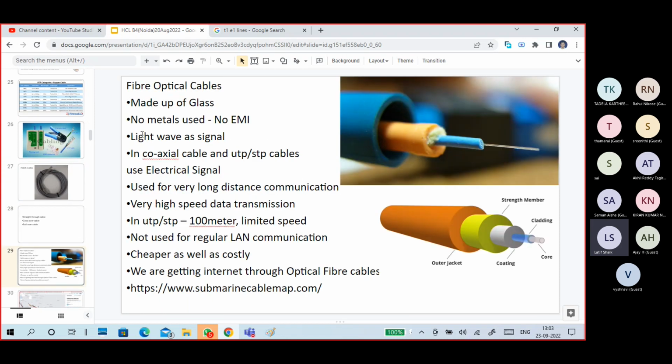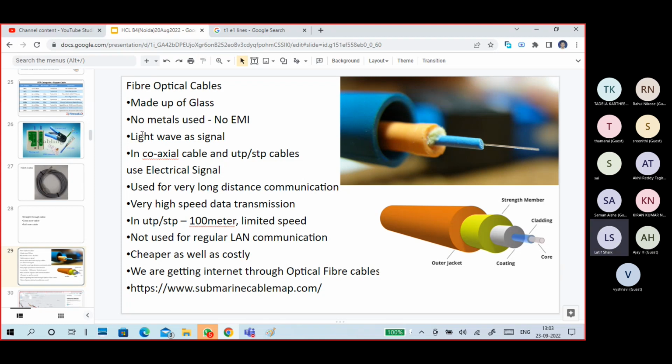Coaxial and copper cables always have the fear of electromagnetic interference because they are metal. Metal attracts electromagnetic interference generally. Metal passes electricity, right? So that's the thing.